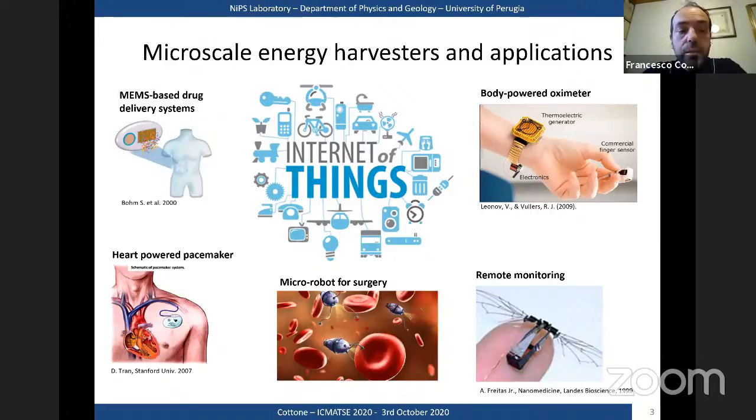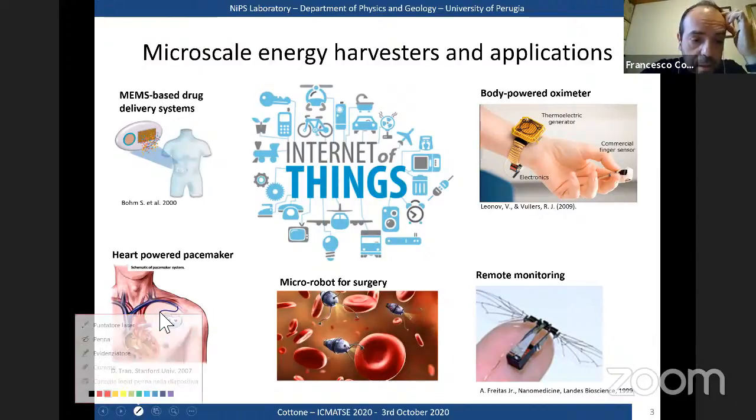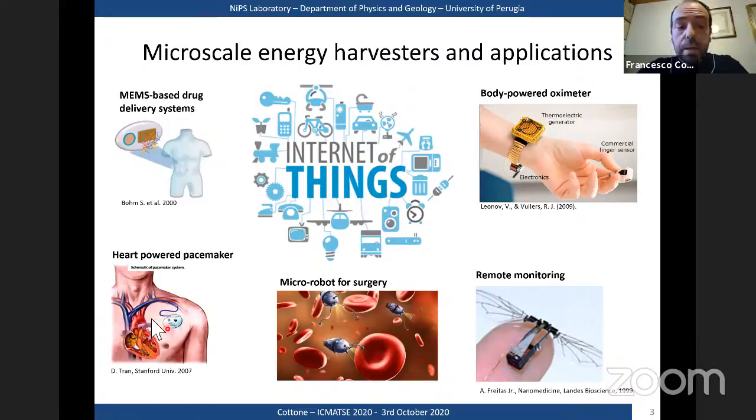So one of the main examples is pacemaker powering. You know that every 10 years the patient needs a surgery in order to substitute the battery inside the pacemaker.